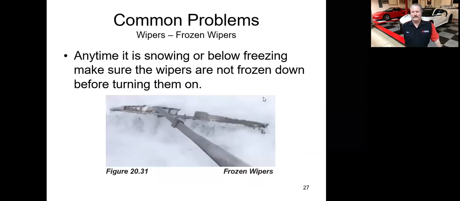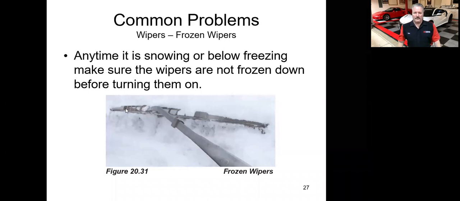Here's a little advice here for you, if you will. Anytime it's snowing or below freezing outside and your car's going to be outside, let's not have these wiper blades frozen to the windshield. That's not very good on the rubber portion of the blade. And if you accidentally go to start your car in the morning and the wiper blades are already on the wipe, run position, you could snap some components, and it's not going to do the wiper blade any good.